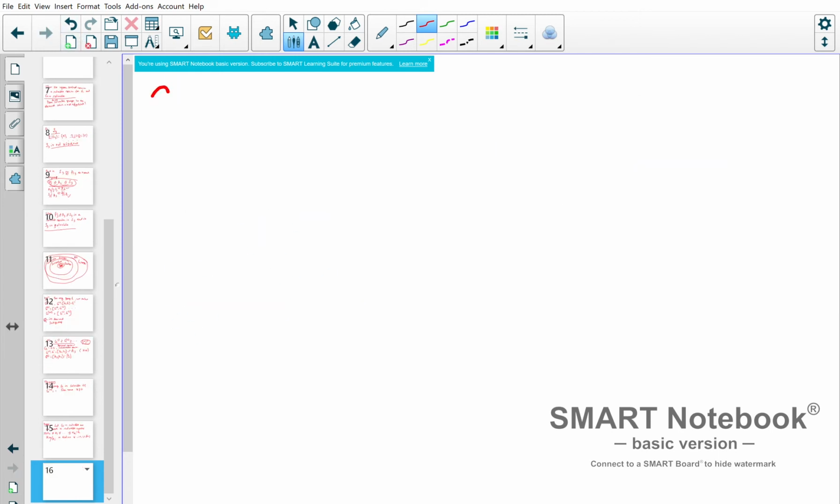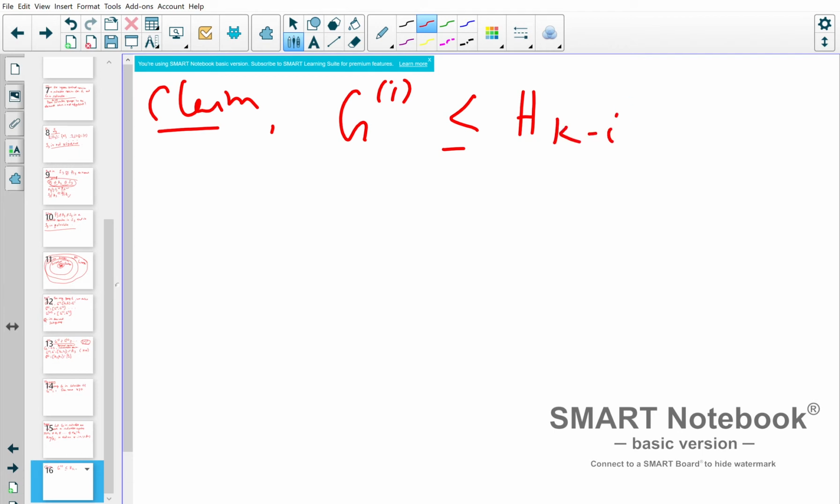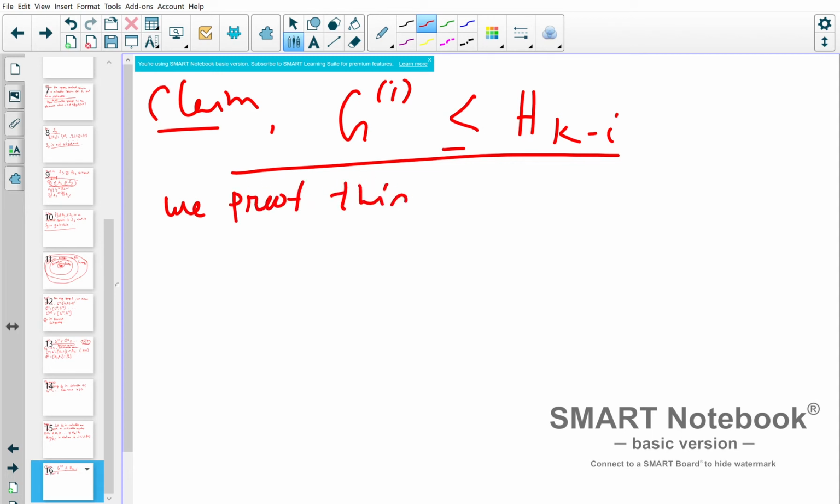This is my claim: the ith derived subgroup G^(i) is contained in H(k minus i). We prove this claim by induction on i.